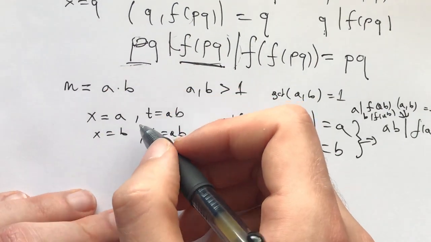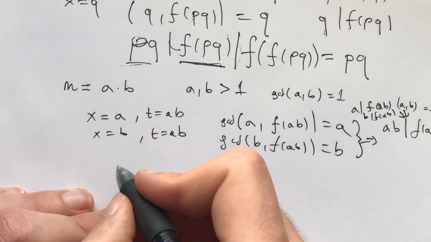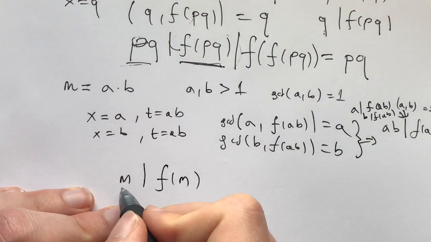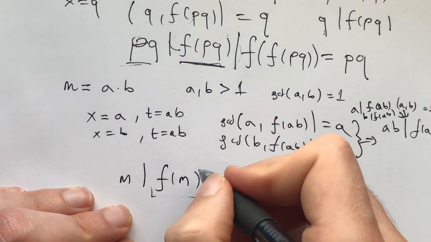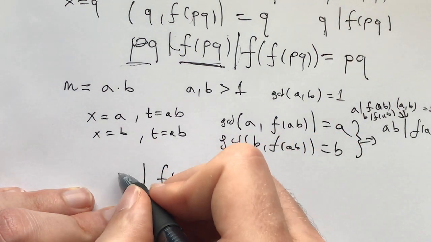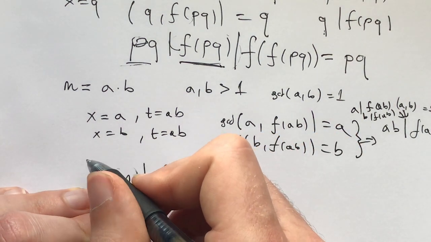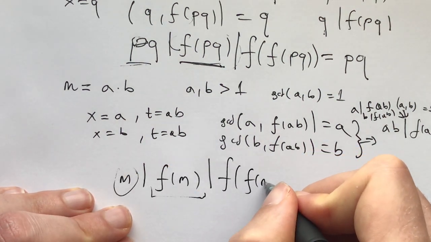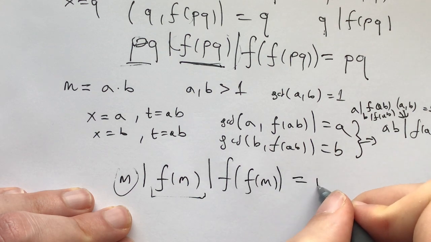Now with this, we know that for each m that's not a prime power, we have m divides f of m. But then f of m is also not a prime power because it's divisible by a number which is not a prime power. And then this divides f of m, and now this is equal to m.